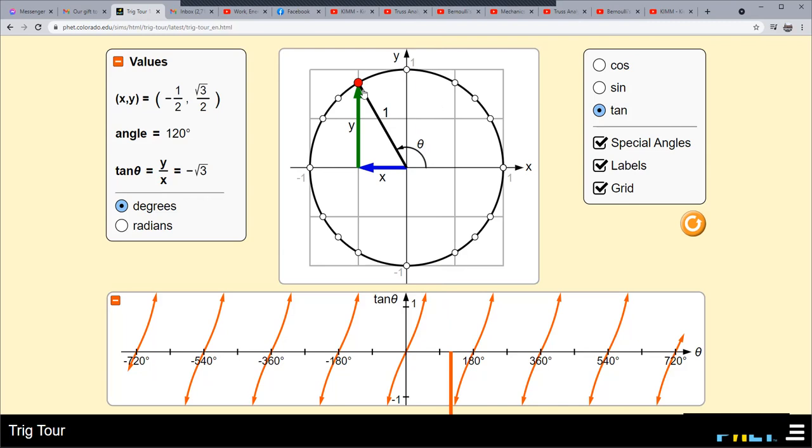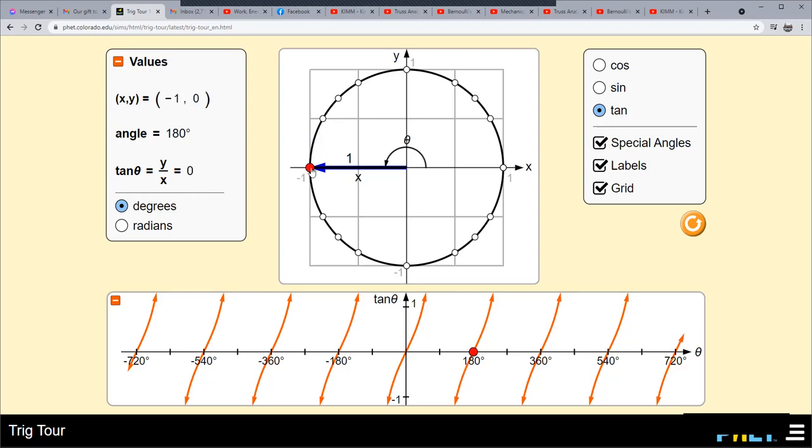Moving further, we are on the second quadrant where x and y values have negative and positive sign convention respectively. You would notice you have the same sign convention because we are still on the second quadrant.